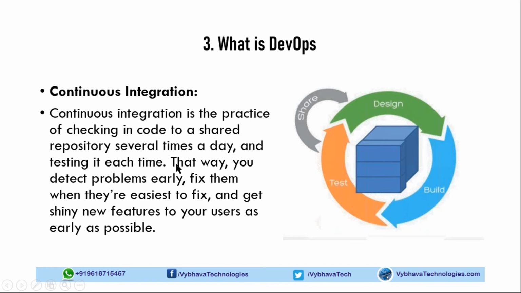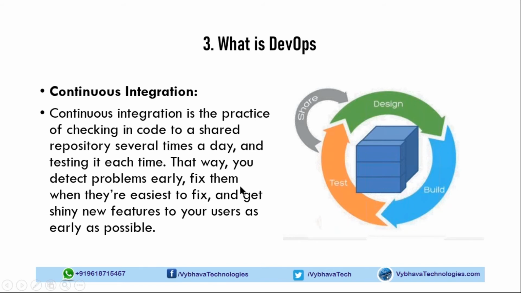And test each time. Whenever you make even a small change, if I'm writing one if-else condition, and in the else I'm writing something, test it immediately, so that you identify problems immediately. Even a one-line change, test it immediately. That is what you have in your continuous integration.